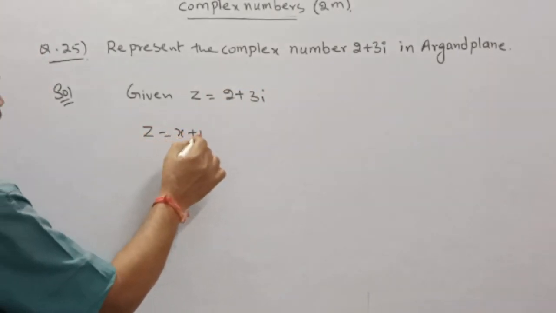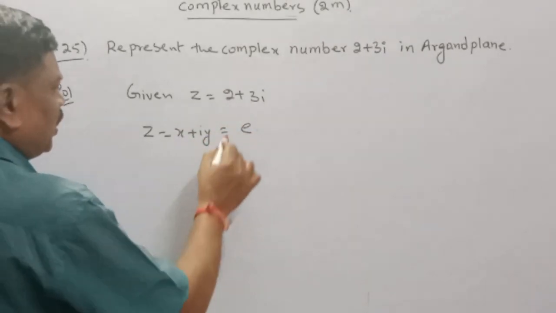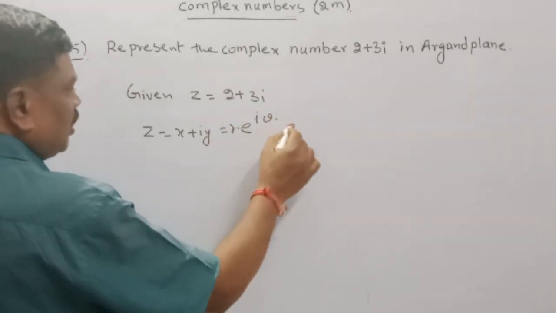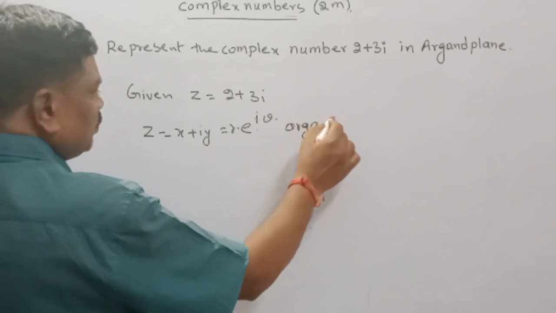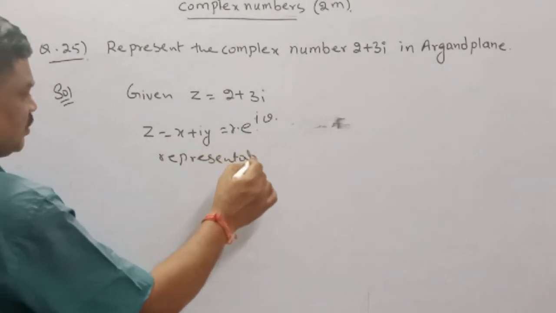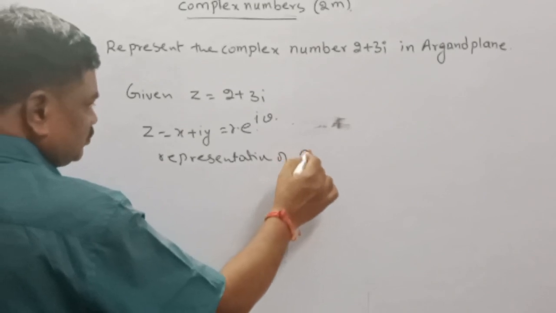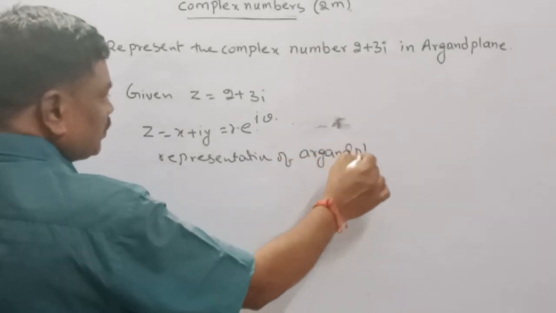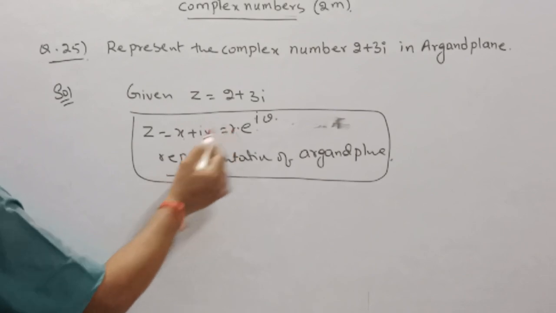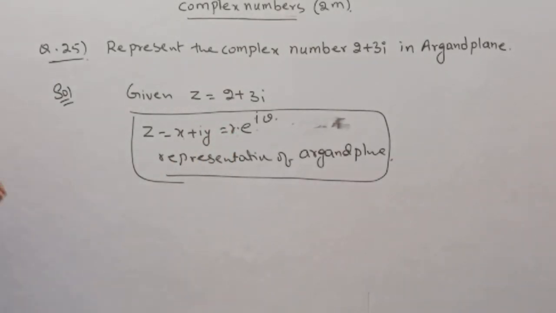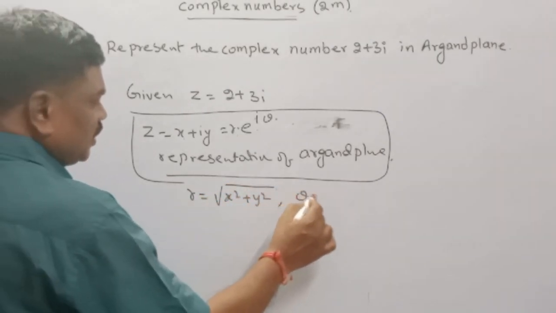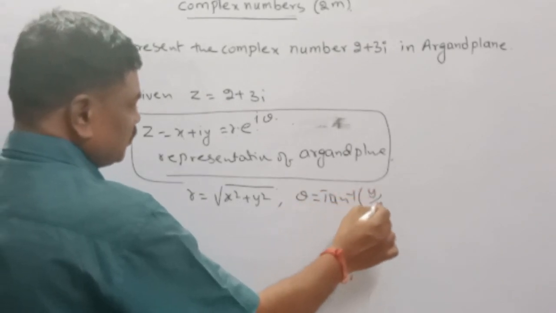If z = x + iy = r e^(iθ), this is the Argand plane representation, where r = √(x² + y²) and θ = tan⁻¹(y/x).